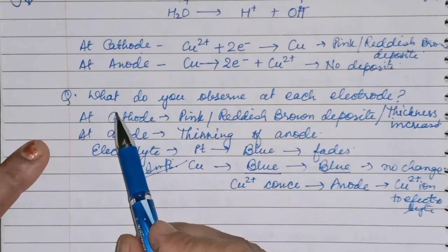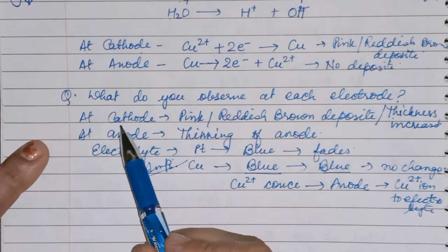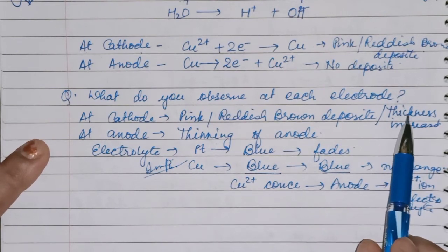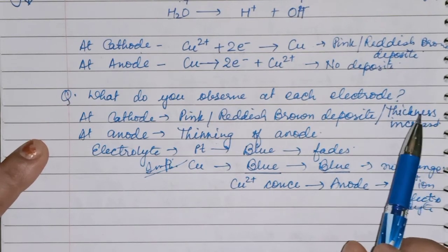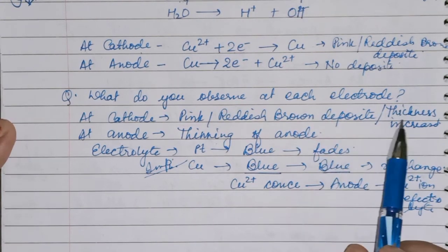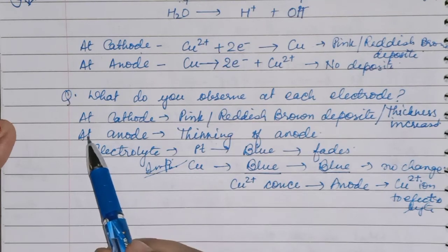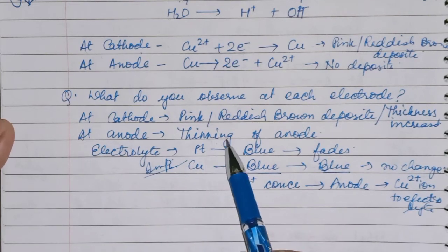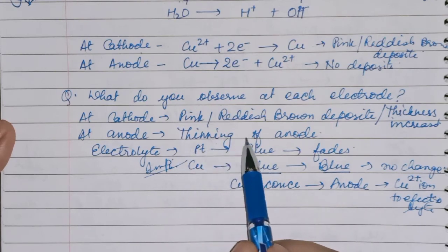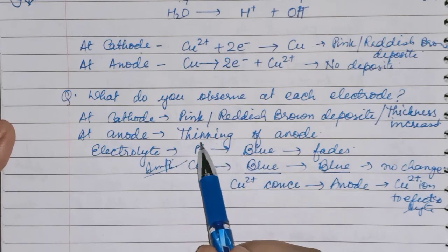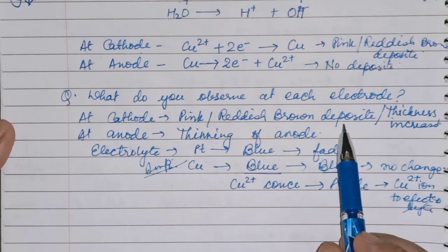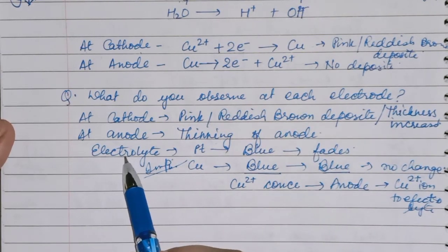So these are the observations. You will observe at the cathode a pink or reddish brown deposit, and it is getting thicker due to the deposition of copper. At the anode, what is happening? Because the anode is breaking down into the electrolyte, its thickness will decrease. It is getting thinner. Now what is happening to the electrolyte?